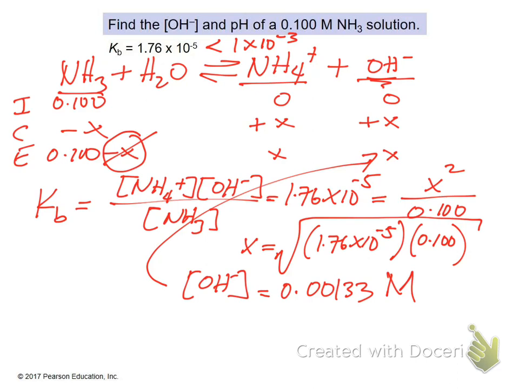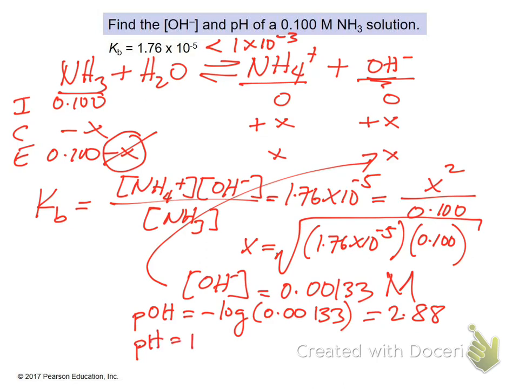So then we can determine the pOH of this. So this is basically the negative log of 0.00133, and we get 2.88. The pH then is simply 14 minus the pOH, which is 11.12.